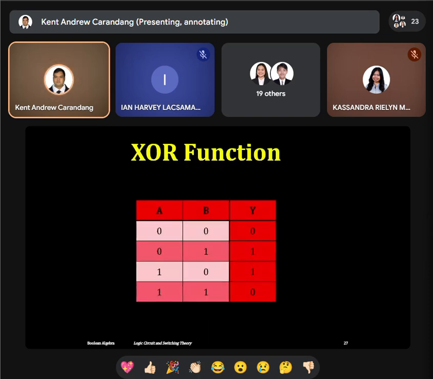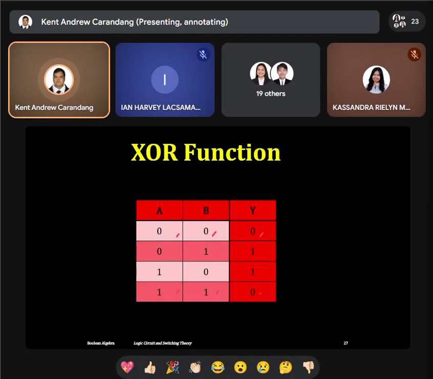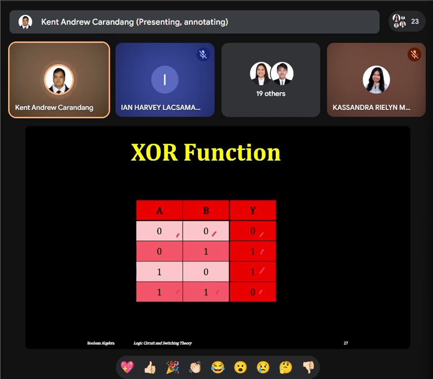This is the truth table. Notice that if both inputs are low, the output is low. If both inputs are ones, the output is 0. If the inputs are different from each other, the output is high. That is for the XOR.